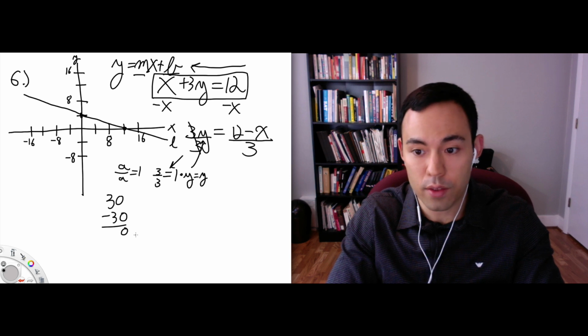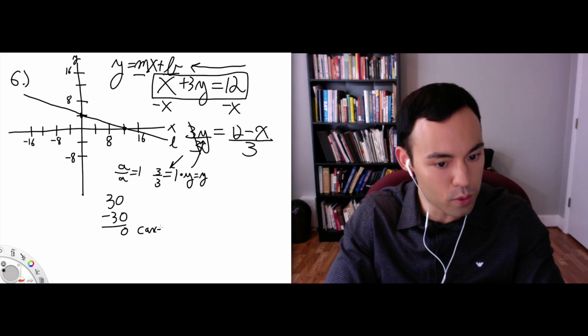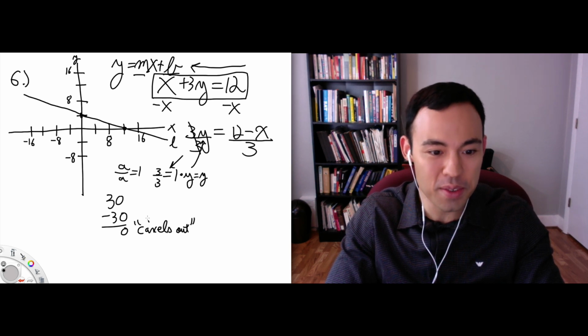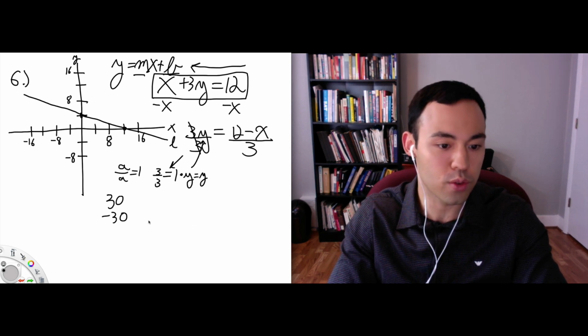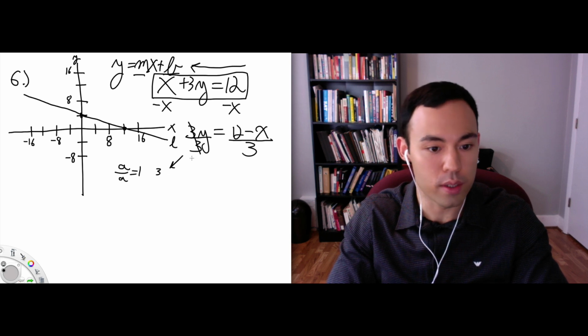Some number minus another number equals 0. And so I've actually noticed some students get confused because cancels out to them can mean 0 or it can mean 1. All right, so in this case, I just want to be ultra clear that cancels out means 3 divided by 3 equals 1, and 1 times y is just y.